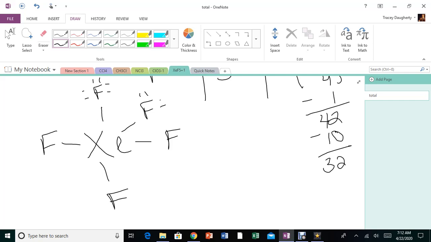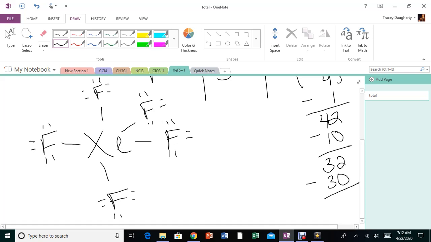And again, make sure that you are drawing dots. I am drawing lines, that way you can see them, and my computer is not letting me do dots for some reason. Okay, so we've got 6 valence electrons around each fluorine atom. That gives us a total of 30 electrons that we've used.